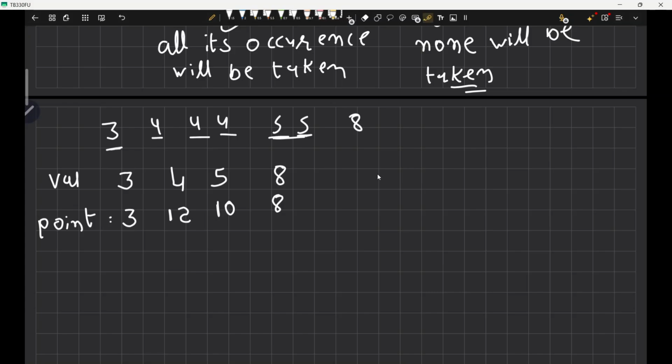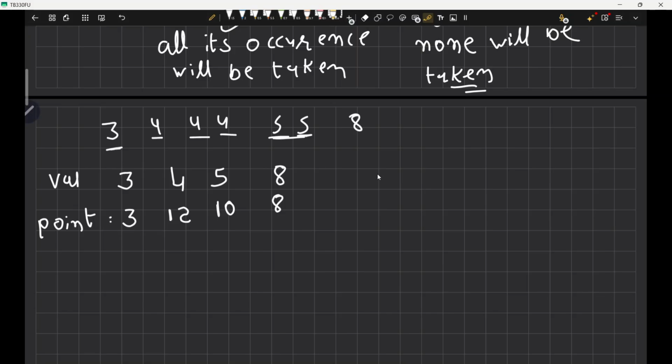Now again, this is the case of adjacent values, right? If I remove this 4, then I cannot take this 3 and I cannot take this 5, because when I take this 4, all the occurrences of 3 and 5 are going to be deleted. Again, if I take this 3, then I cannot take this 4. I cannot take the adjacent element.